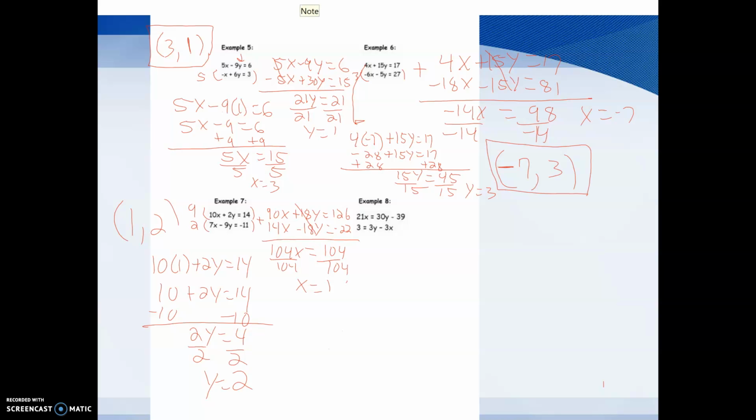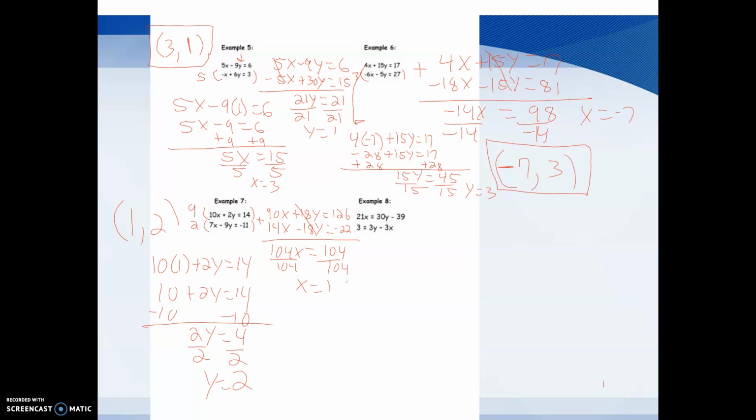Now this one's a doozy. Okay? So if you'll notice on example 8, nothing is lined up, right? So you're going to have to, there's various ways to do this, okay? So kind of what I did is I'll notice on the bottom one, you already have your letters on one side. They're not like all the other ones, but still the letters are on one side, okay?